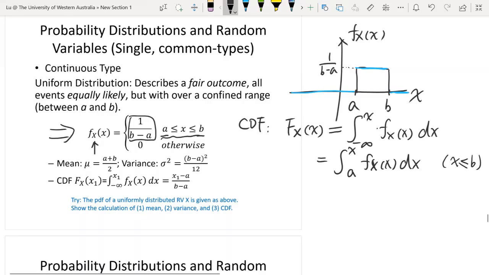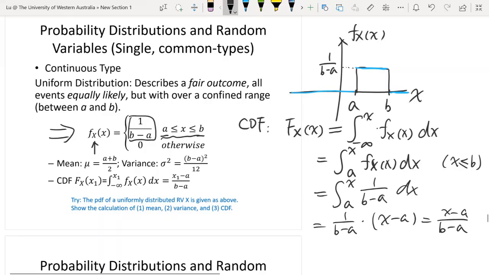In this case, what we get is the integral from A to x, and for f of x, we just copy down the constant 1 over b minus a, then dx, which is equal to 1 over b minus a multiplied by x minus a, which gives us x minus a divided by b minus a. This is a linearly increasing curve.